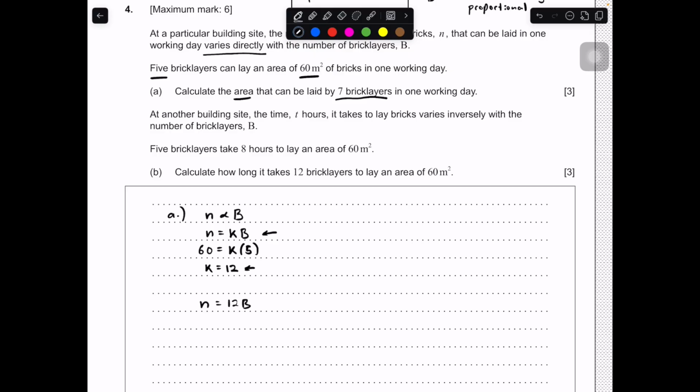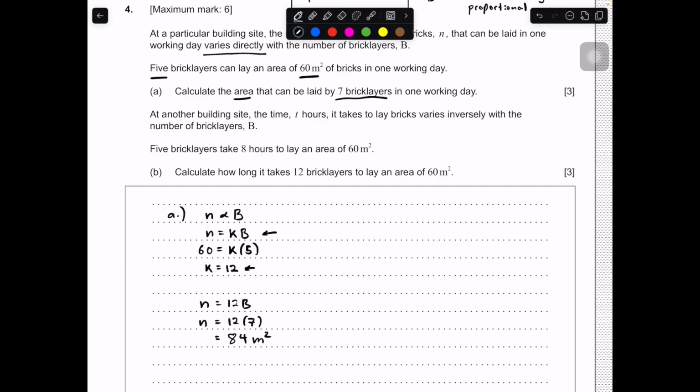Effectively, that essentially means that for each bricklayer, we can lay 12 more square meters of bricks in one working day. So if we have 7 bricklayers, n is equal to 12 times 7. In this case, we can lay 84 meters squared of bricks.